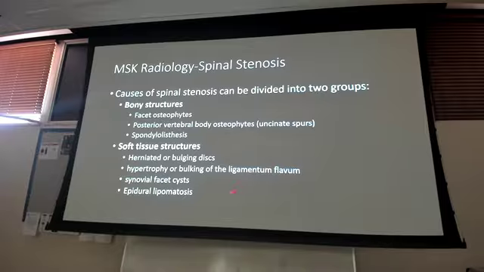It's fun to say. I've never seen synovial facet cyst or epidural lipomatosis, but those are things that can absolutely happen. Lipomatosis is basically fat collection sitting in the epidural space. Anything soft tissue that is sitting where it's not supposed to be in the spinal canal, causing a narrowing or constriction of it, is a cause of spinal stenosis. We're going to focus mostly on herniated and bulging discs in that area.